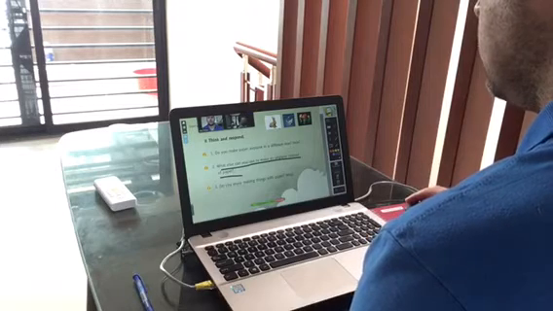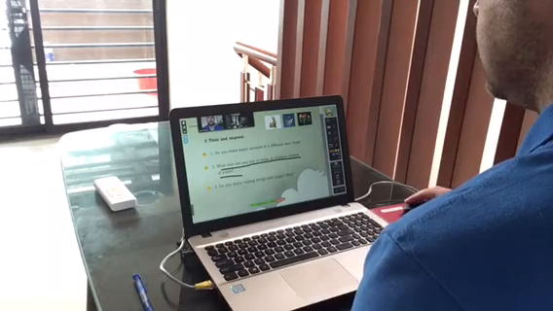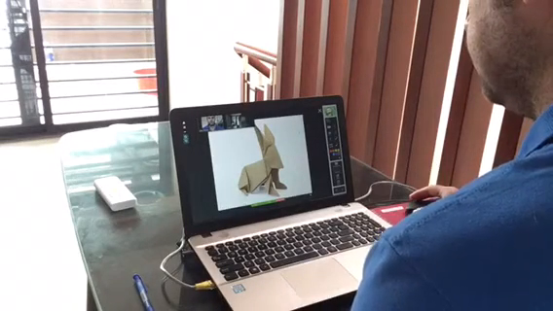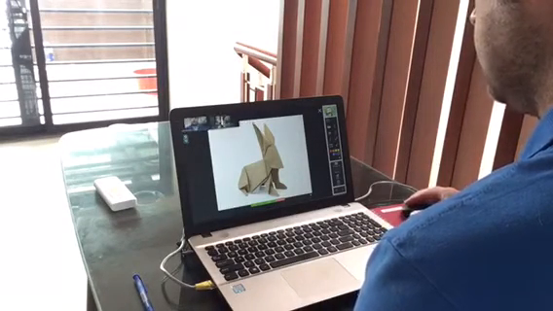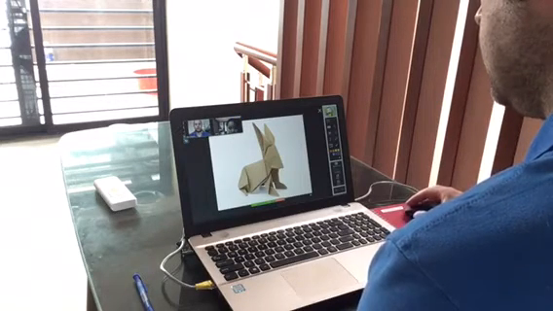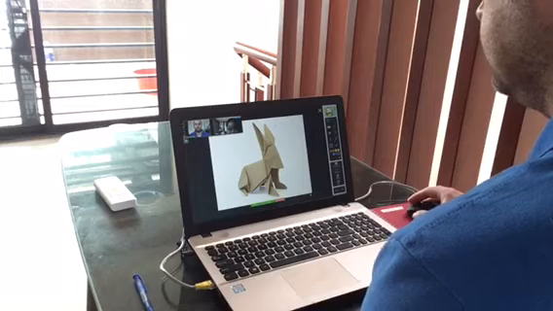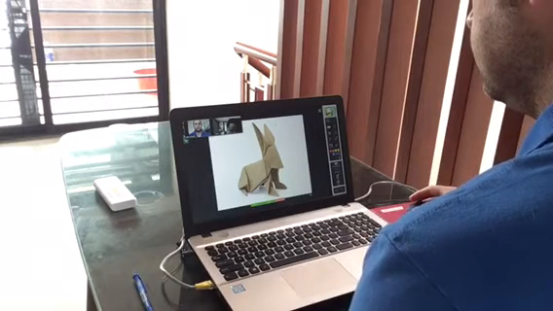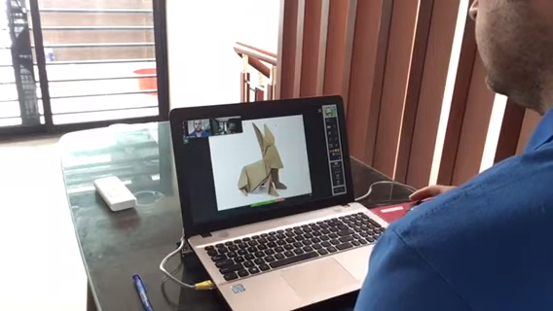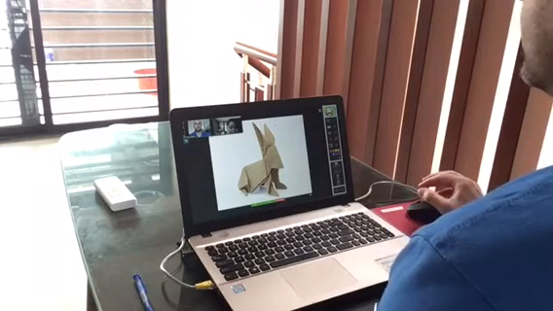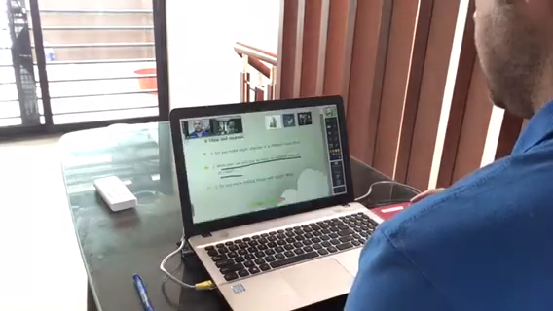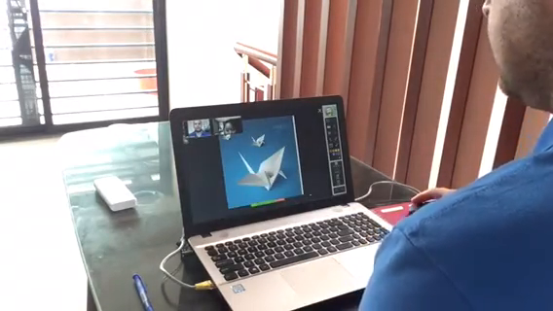Okay, so I'm going to show you some pictures and then you can tell me, what does this look like, Amy? What does this look like? What is this? It's a paper rabbit, yes, well done. And what does this look like?